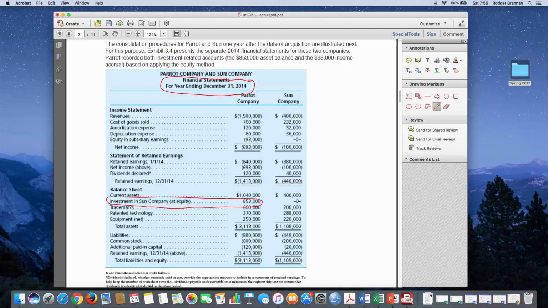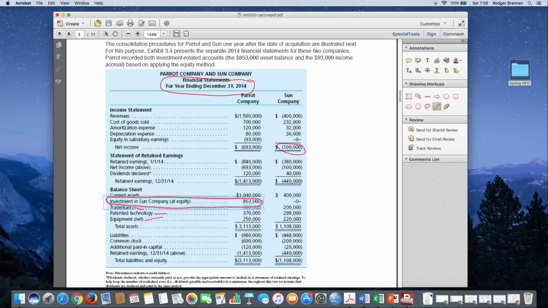But likewise, too, these items are going to have to be adjusted. That is, equipment, technology, trademarks are going to be adjusted to their fair market value. So we're going to go through and look at a series of adjustments that will make the financial statements consistent with that.